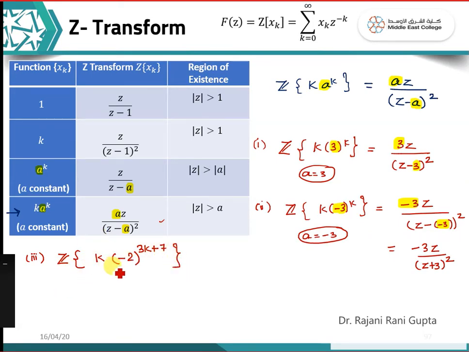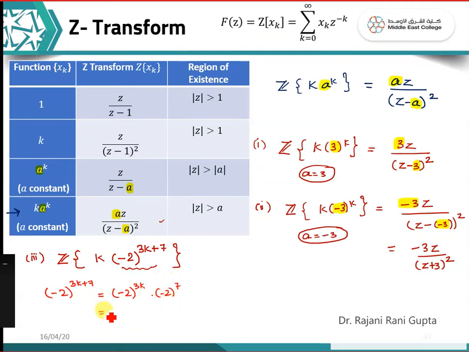So here now it's a mixed question. First you have to separate this term, simplify this term. So we can split it into two terms, like minus 2 to the power 3k times minus 2 to the power 7. It's okay, no need to simplify it, leave it like this.